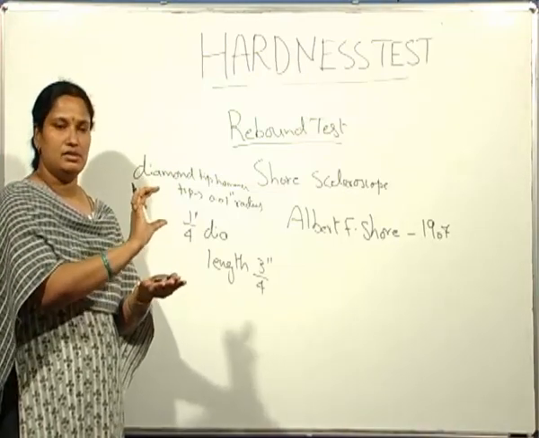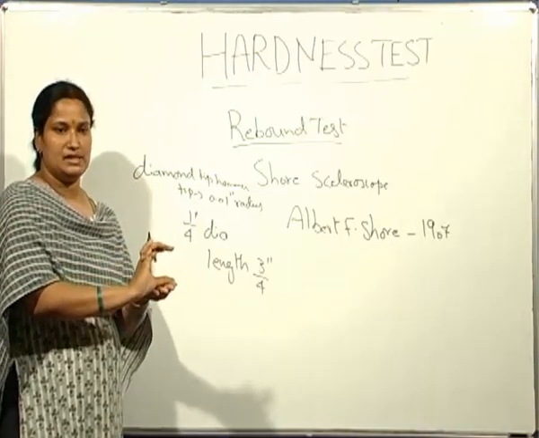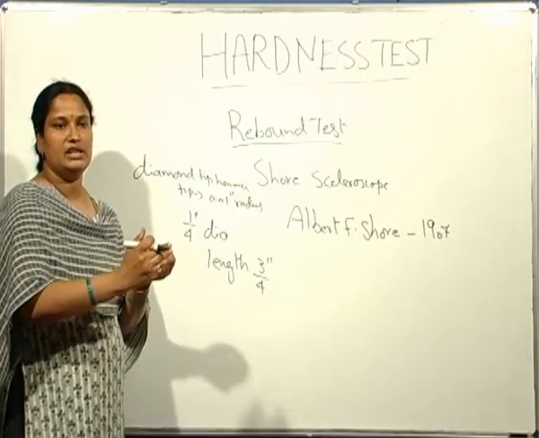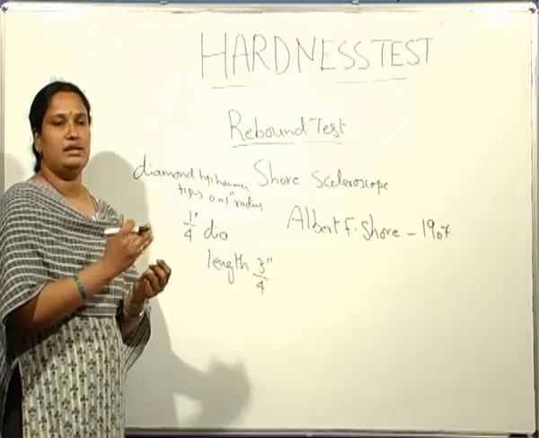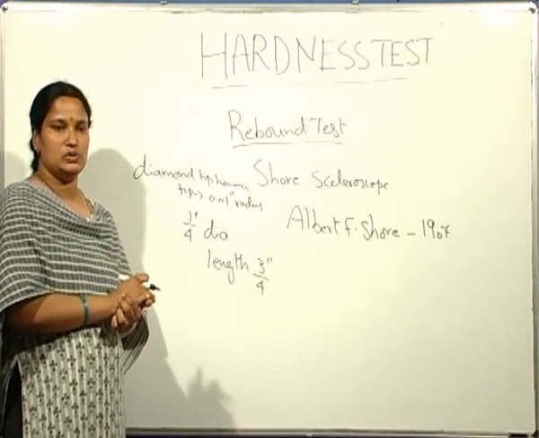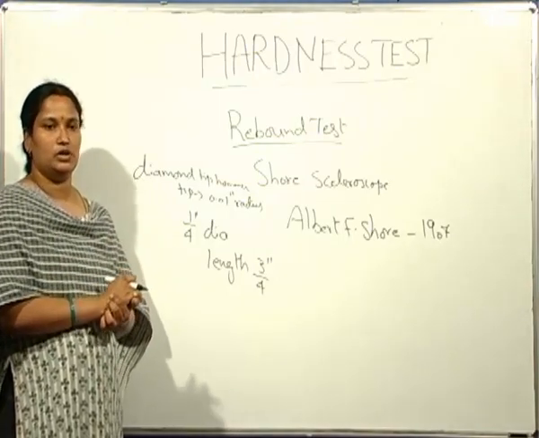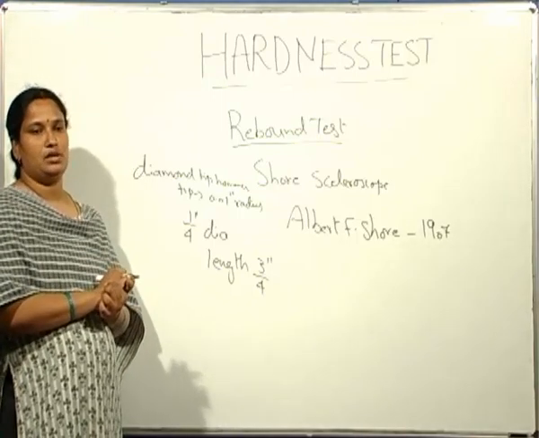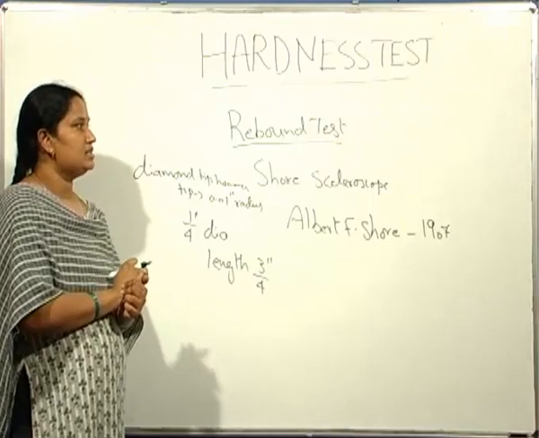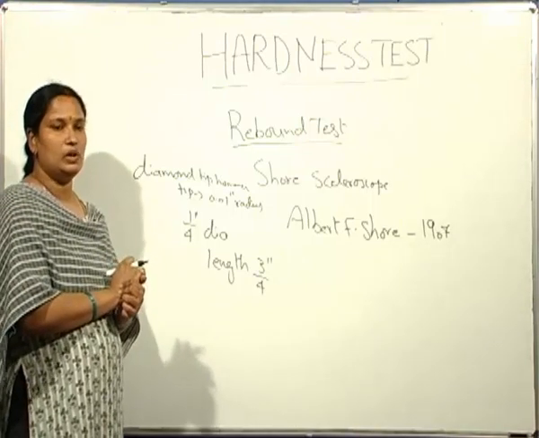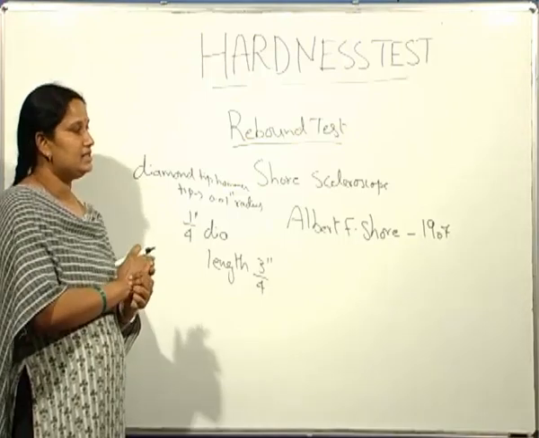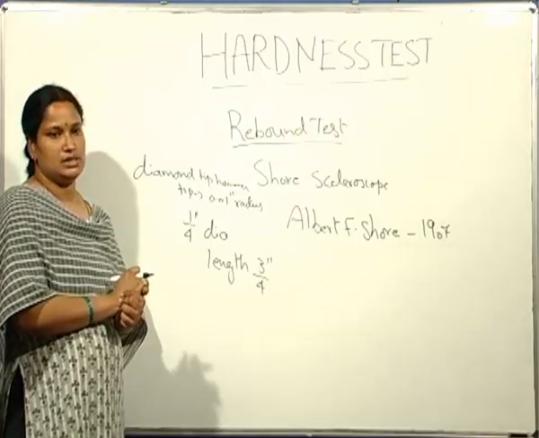Once the hammer strikes the sample surface, then on the next surface, again the material is to be tested, and the average of these hardness values is to be taken into account in order to get accurate test results. So this is known as the rebound test. This is also known as the dynamic type of hardness method. The example of this is the Shore scleroscope.